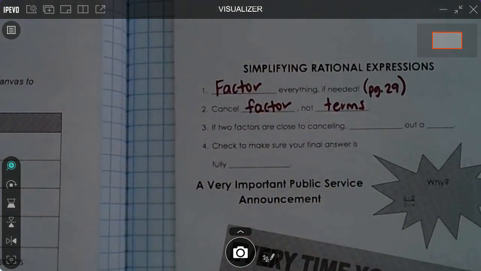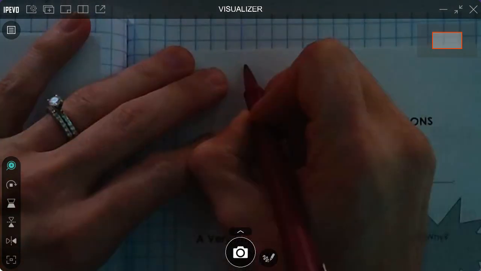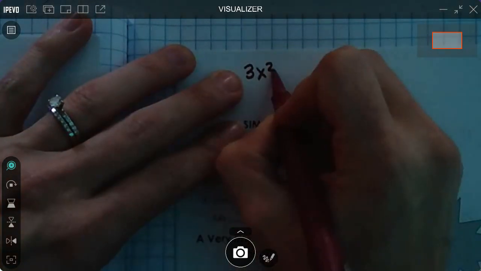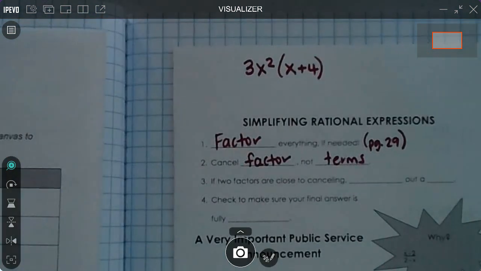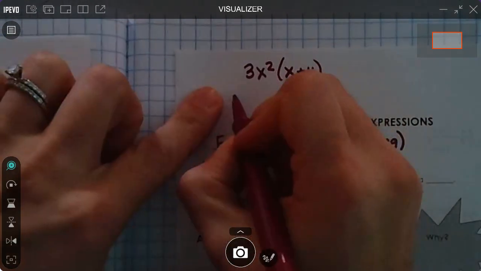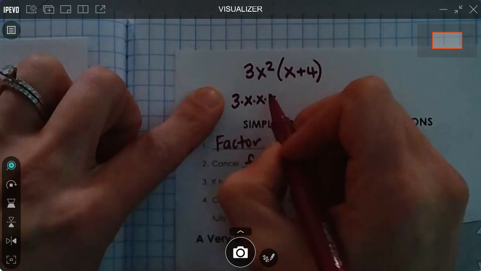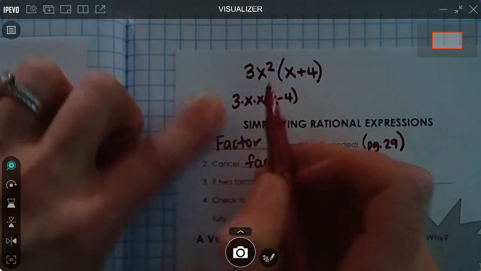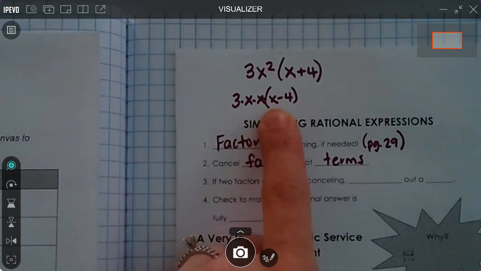No. All right, so here's what I mean. If I write 3x squared times (x plus 4), factors are anything that is multiplied by each other. Do y'all agree that this says 3 times x, not 3 x's? But do you agree there's a multiply between all of these things? Is there a multiply between x and 4?